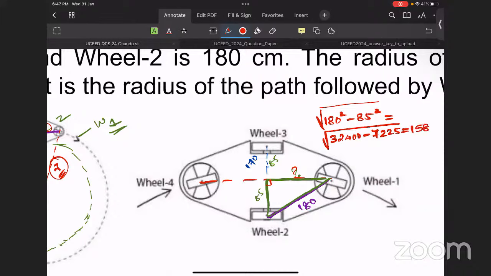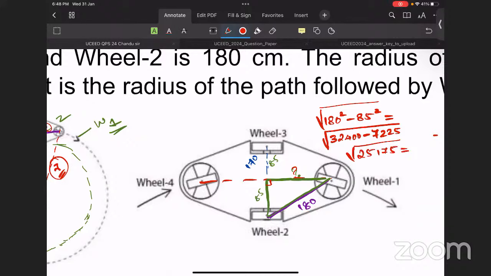So the difference is 32400 minus 7225, that is 25175.